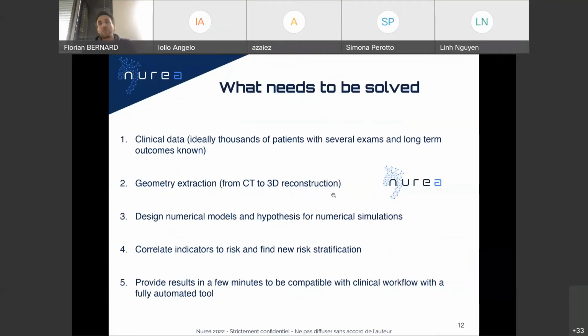So what needs to be solved? We talk about biomechanical indicators that could be interesting and that could help physicians, but if you want to really implement that into the clinical workflow of the physician, you first need to have data to prove that your numerical models are able to help physicians to predict the risk of events.